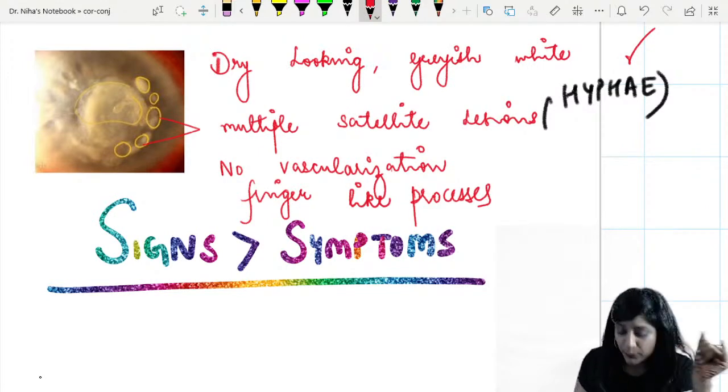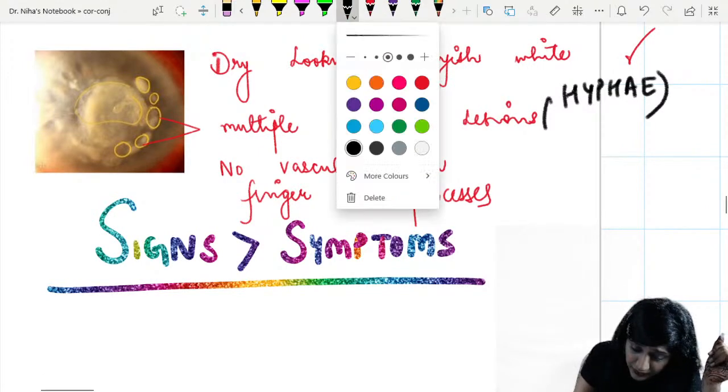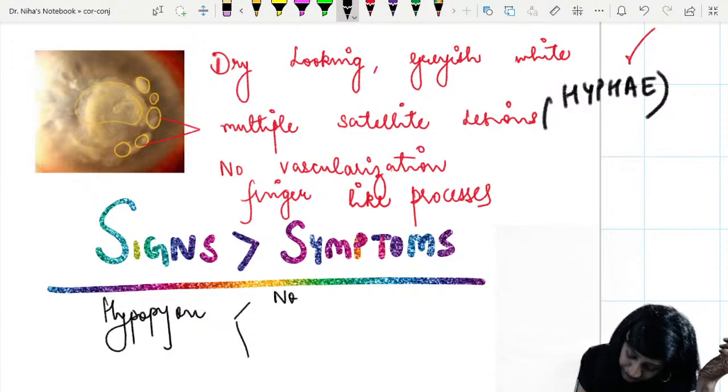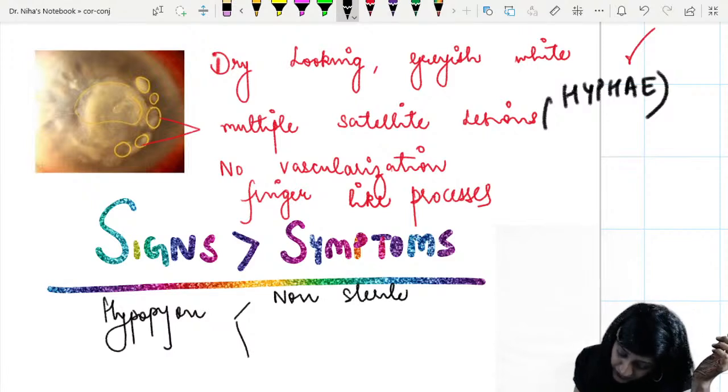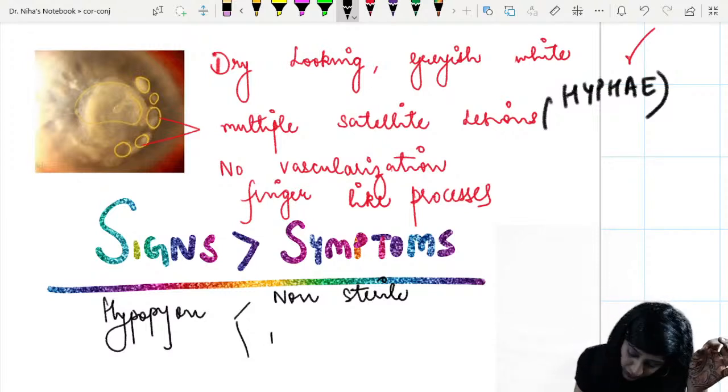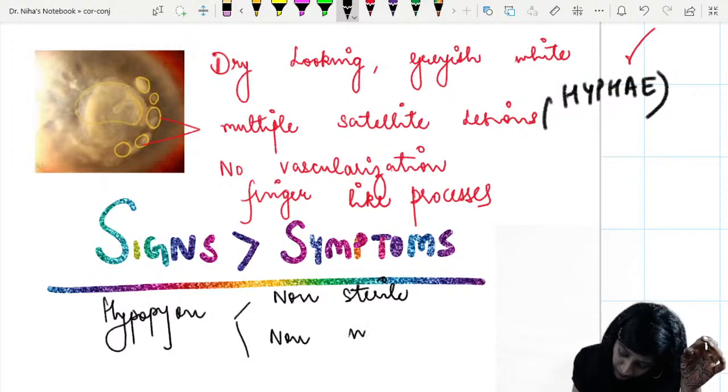So what kind of hypopion will I have here? Therefore, the hypopion found in the fungal corneal ulcer is non-sterile, because hyphae is going into the ulcer, and also it is non-mobile.